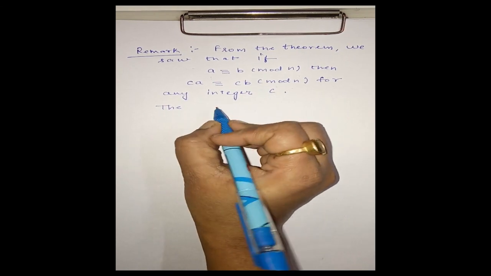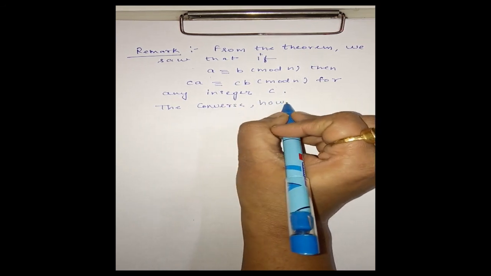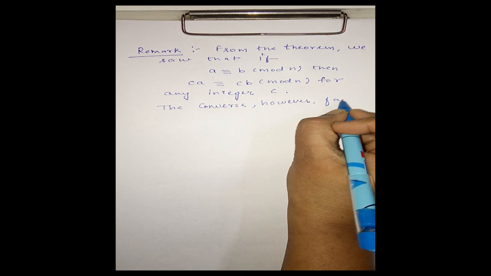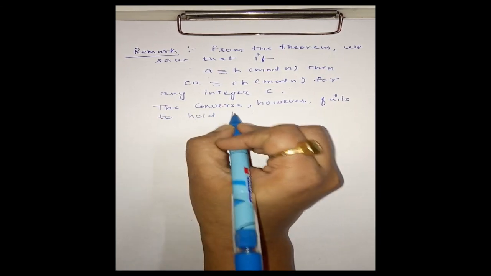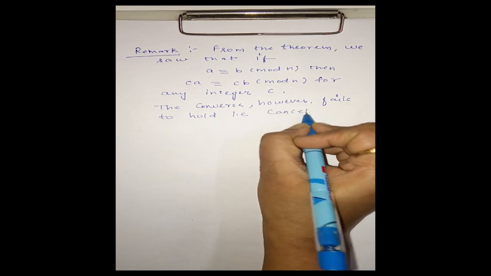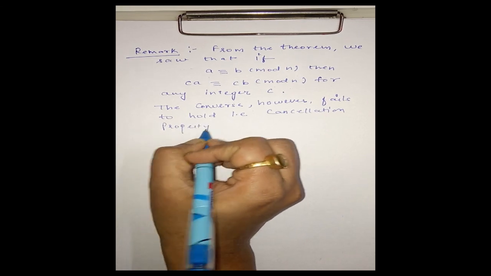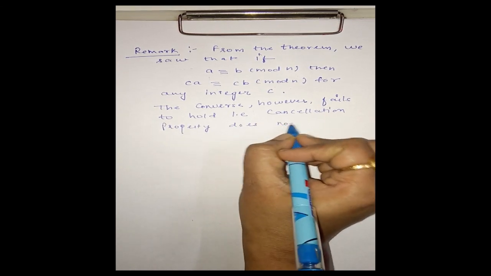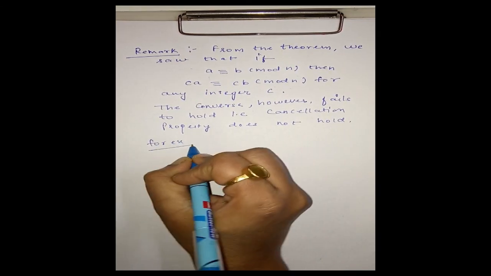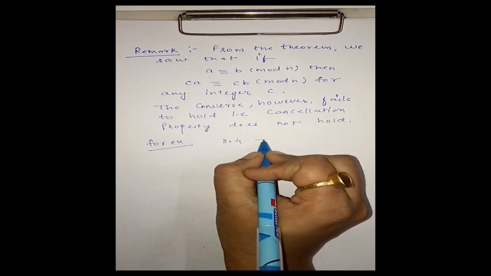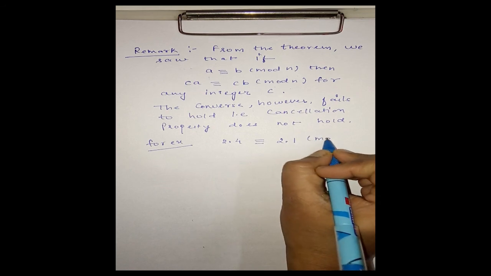The converse, however, fails to hold. That is, the converse, the cancellation property, does not hold. For example, consider this congruence: 2 into 4 is congruent to 2 into 1 modulo 6.